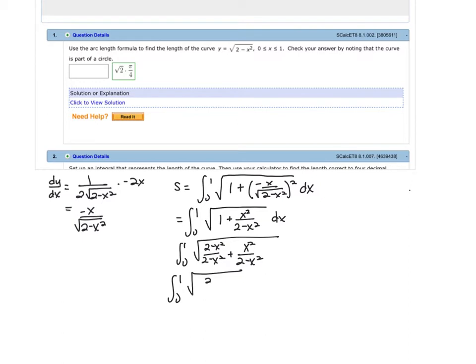Simplifying that, we get 2 over 2 minus x squared, all under the square root. Now I would probably pull out a radical 2. So it leaves me with 1 over the square root of 2 minus x squared.